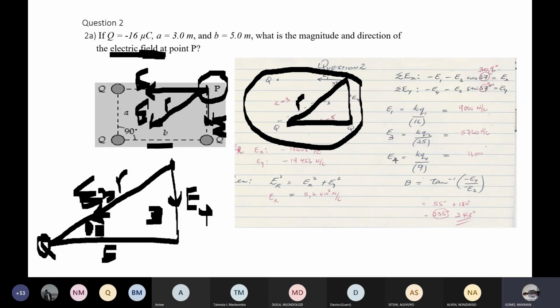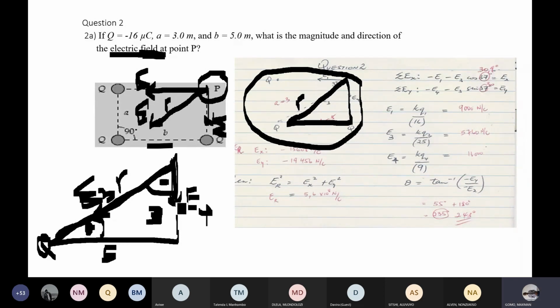So when you do that, now you need to resolve this E that you are seeing here. Why do we resolve? Because this E is acting at an angle, this angle right there. So this E is going to have a vertical component as well as a horizontal component.